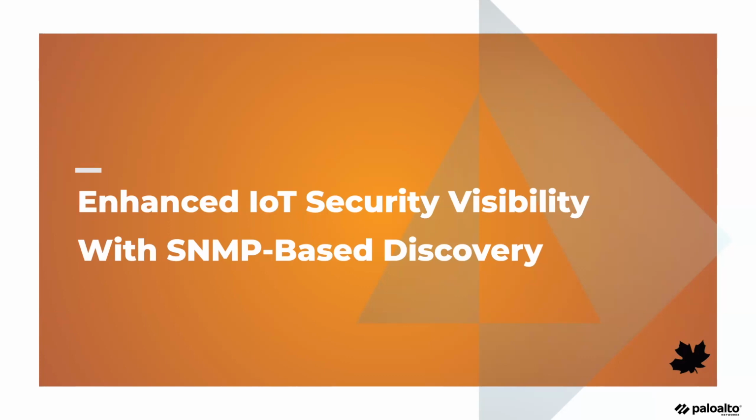Things that come to mind are ADEM, our autonomous digital experience management agents, being embedded into the Prisma SD-WAN operating system going back years ago, so getting that branch level visibility in addition to user and cloud security. That's one example. Another example is how we've embedded IoT security capabilities into the branch ION as well.